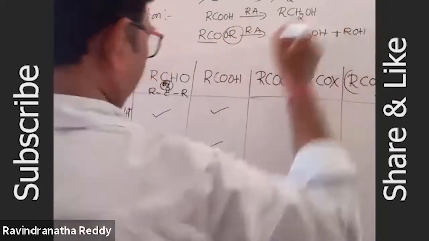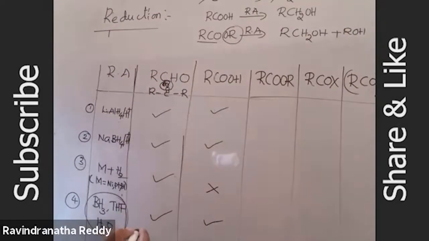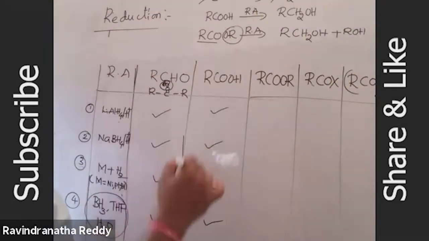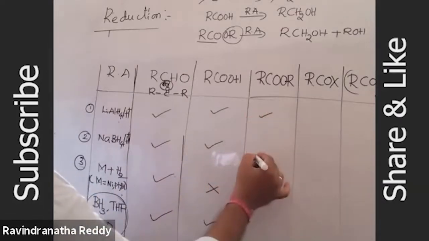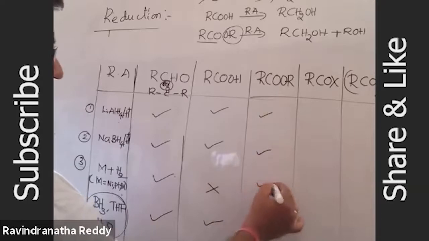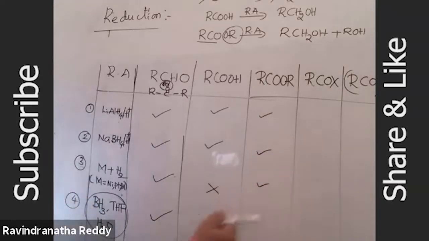So what are the reducing agents? For the ester condition, you can use any of these: lithium aluminum hydride, sodium borohydride, metal hydrogen, BH3 tetrahydrofuran, any one.